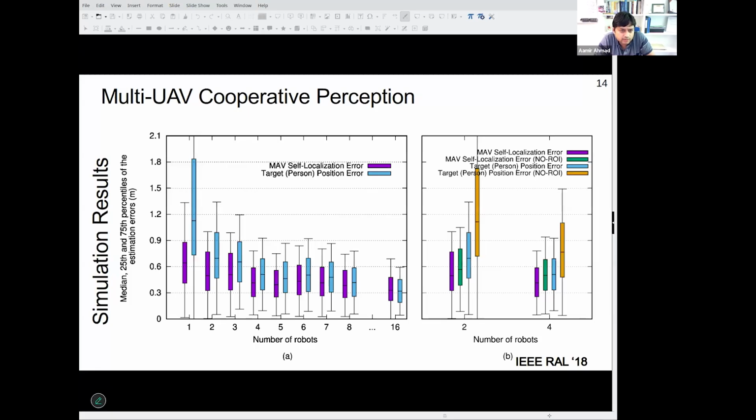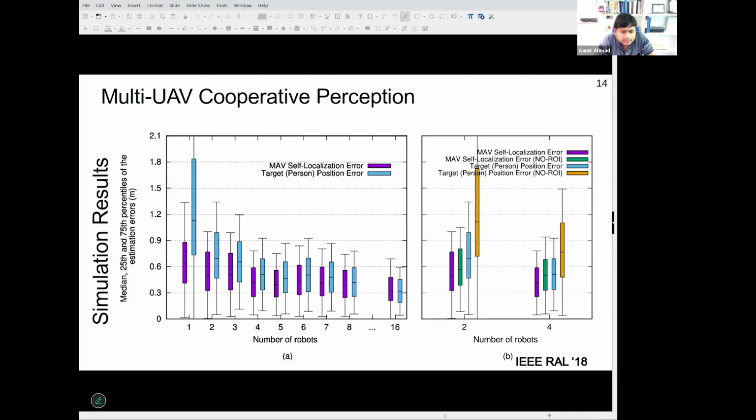We also try to have some delay logic in the DNN-based detection to mimic the TX1 that will finally go on the actual hardware. And what we plot here are the estimation errors in both the tracked target state and the self-pose estimate of the UAV. They are in blue and purple on the left side here.